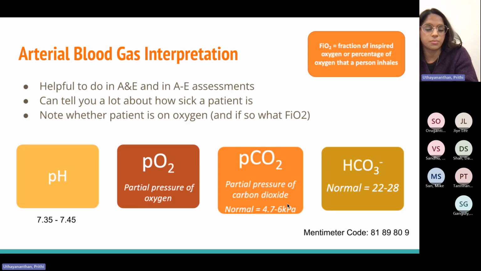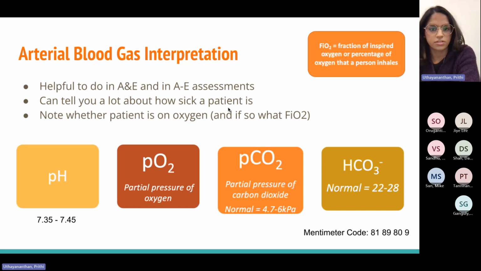But one thing to bear in mind is that the way you interpret the ABG can change depending on whether the patient is on any oxygen delivery devices or not. The FiO2 is the percentage of oxygen that a person inhales.